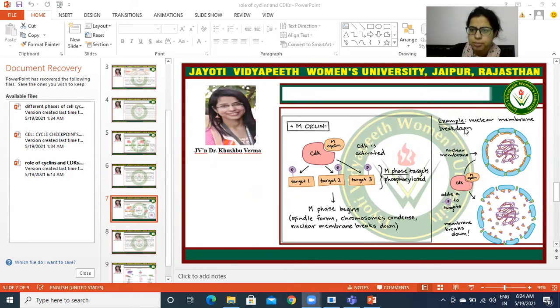Here this is a complete nuclear membrane, but when M cyclin binds to the CDK, it activates, and then this CDK phosphorylates its targets. When targets are phosphorylated, they go for the signals, and now the membrane starts to break down. So this change starts to happen during the M phase after the activation of M cyclin and CDK.